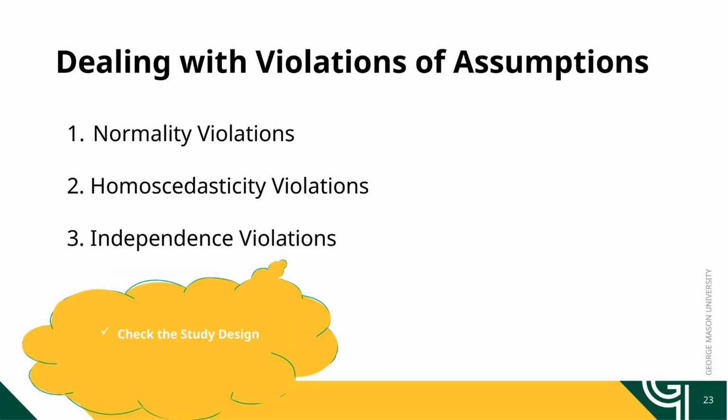Independence means that the observations in each group or between groups should not influence each other. This is crucial because ANOVA assumes that each data point contributes unique information to the analysis. Ensure that the study design properly randomizes the allocation of treatments or conditions. Randomization helps to minimize the risk of dependence among observations.